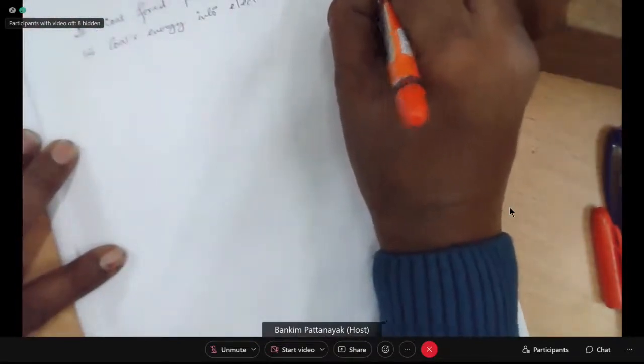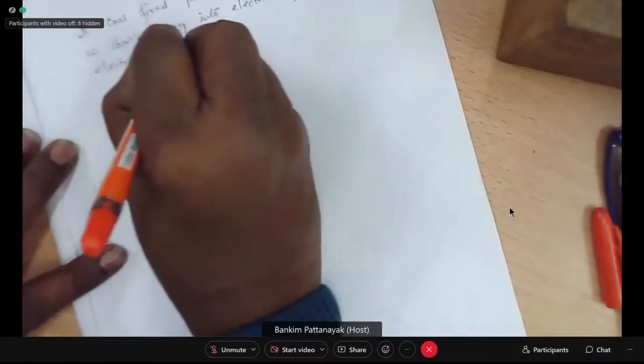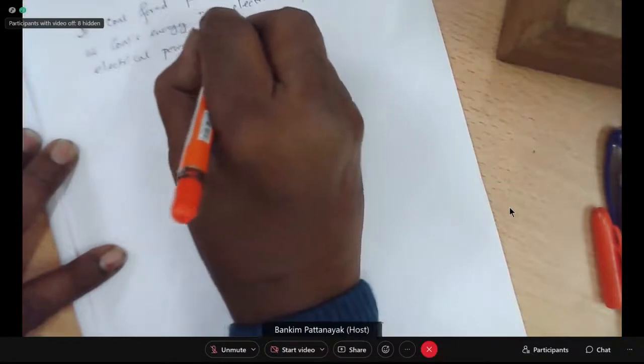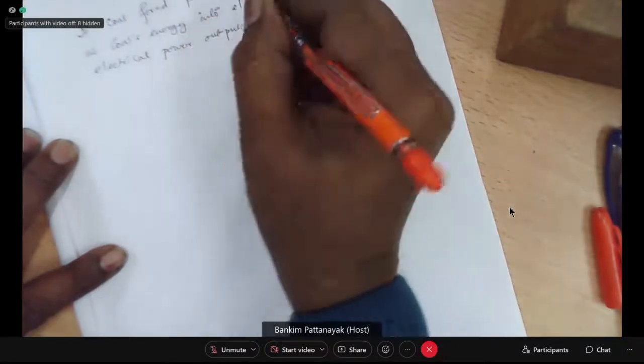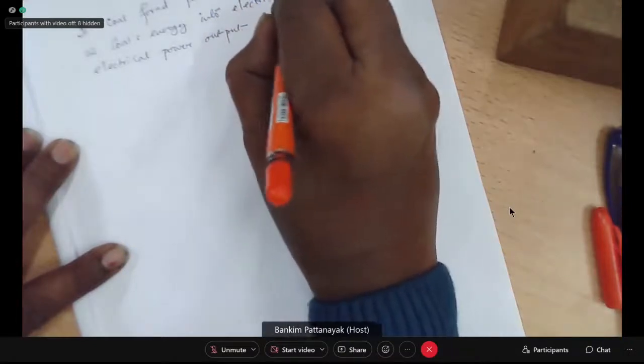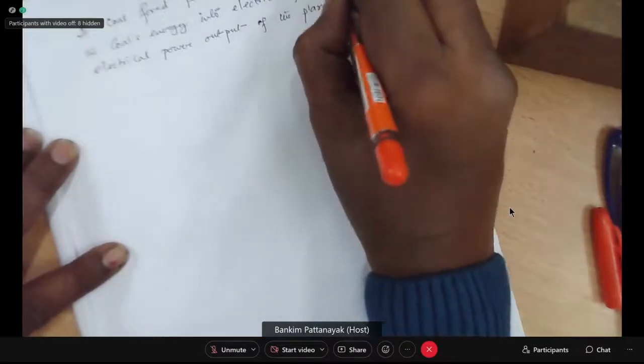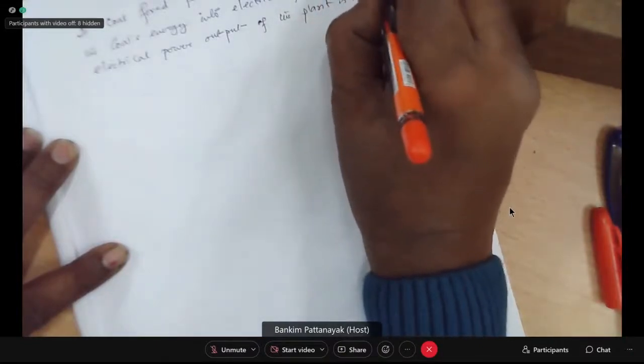The electrical power output of the plant is, let us say, 1,000 megawatt.